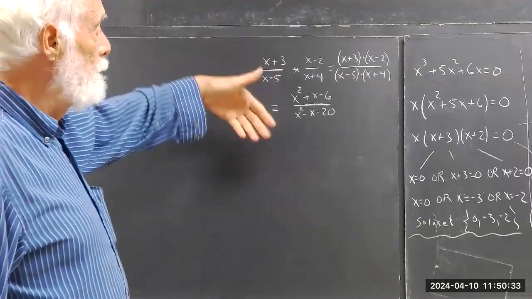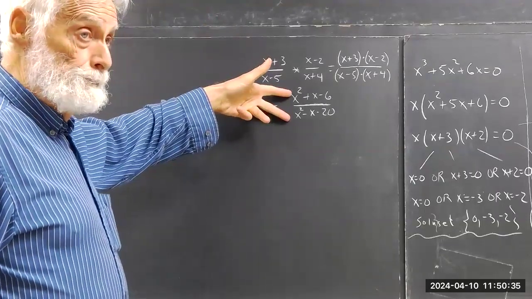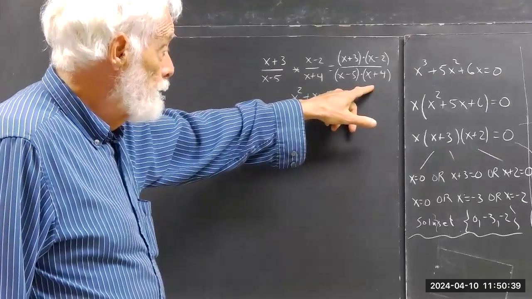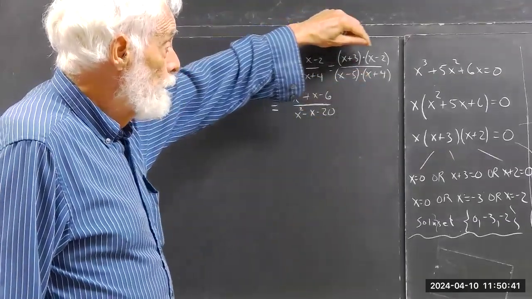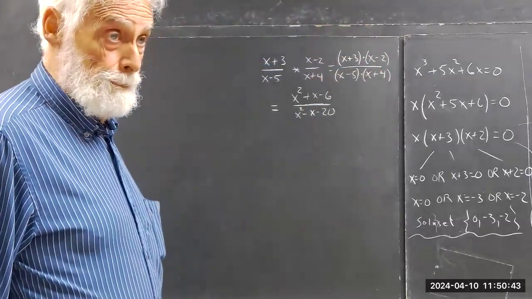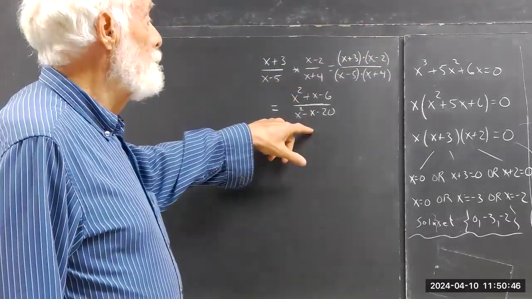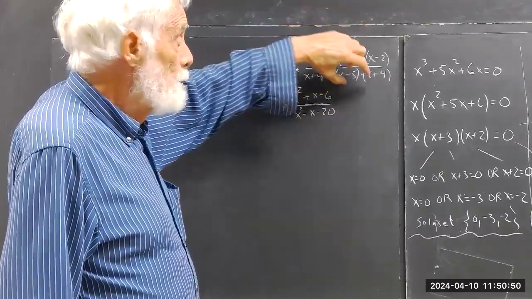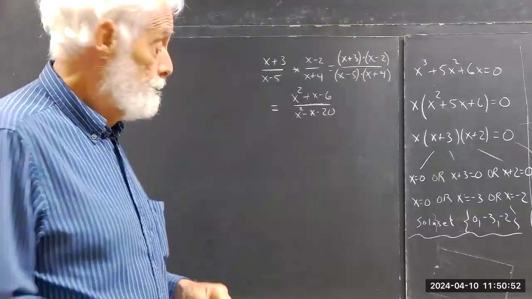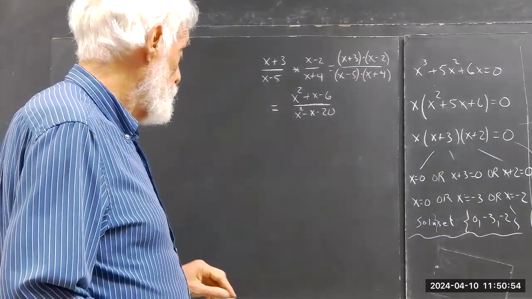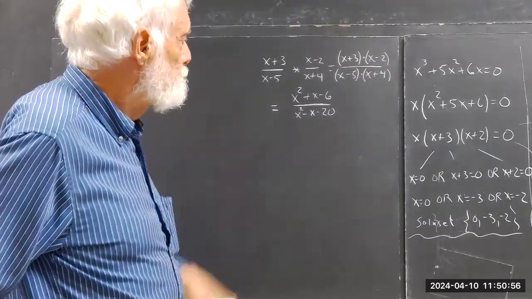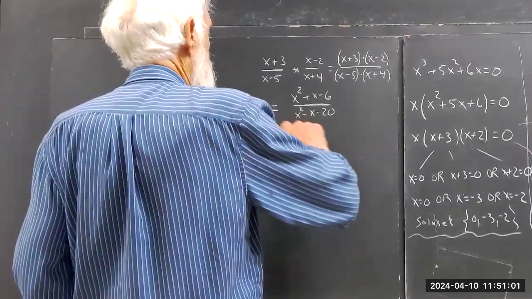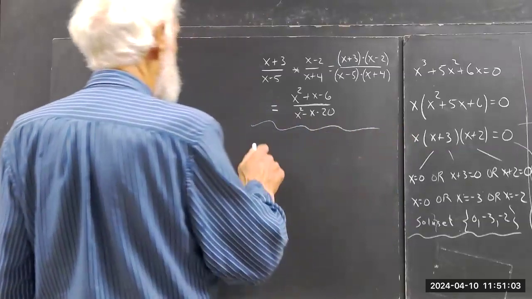And there's nothing we can do to reduce this because neither of the quantities in the denominator divides either of the quantities in the numerator. The only way this could be simplified is if one of these up here matched one of these down here. Okay. So the multiplication is pretty easy.